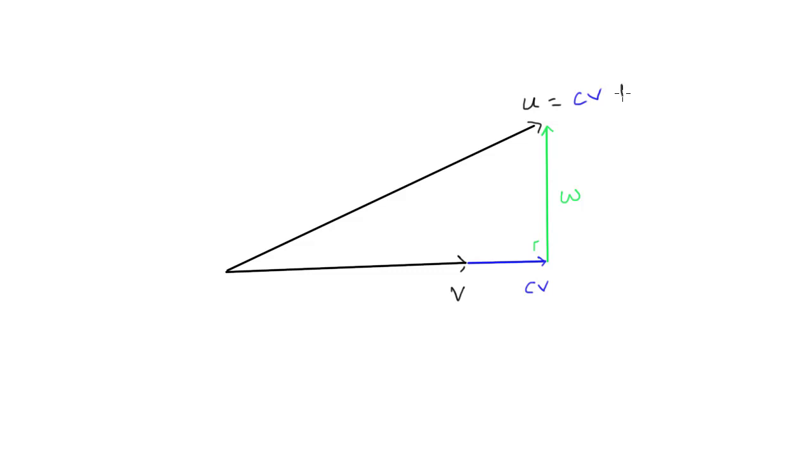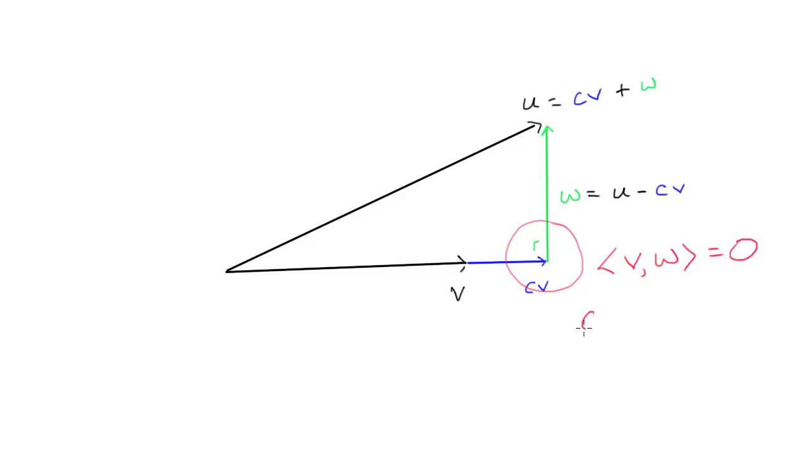So U is CV plus W. W then is U minus CV. And saying they're at right angles to each other is saying that the inner product is 0.